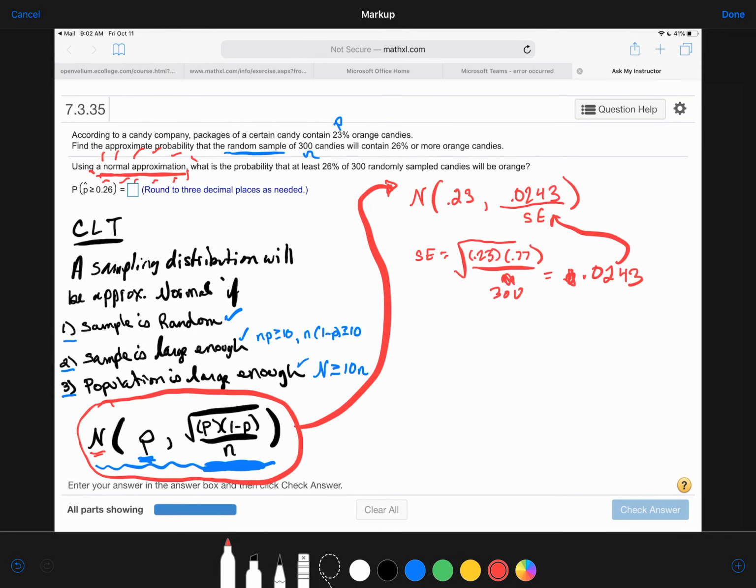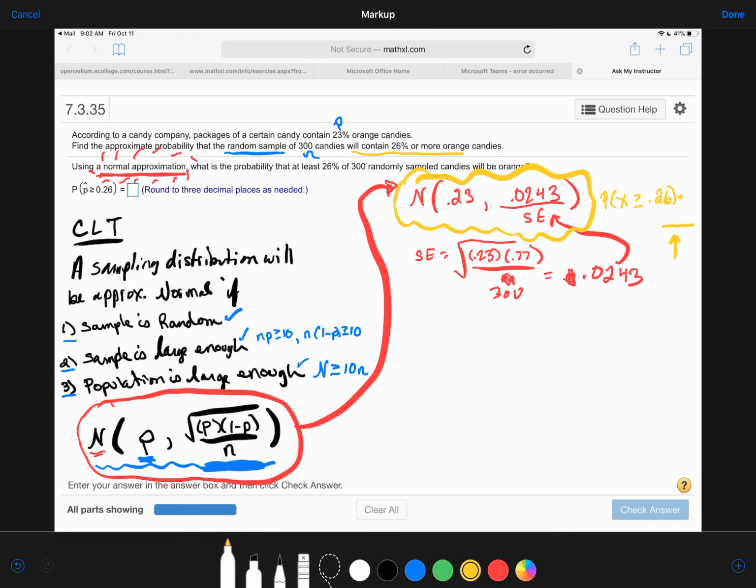What we need to do at this point is go to the normal calculator and type this in. Specifically, we are trying to find the probability that the sample will have 26% or more orange candies. So the third thing we type in is the probability that we'll have greater than or equal to 0.26, and then it fills in the answer for us.